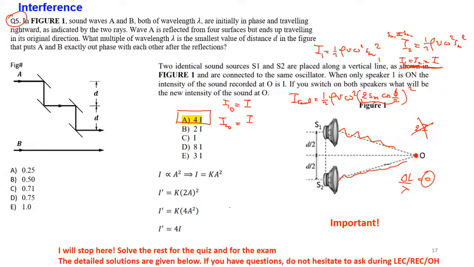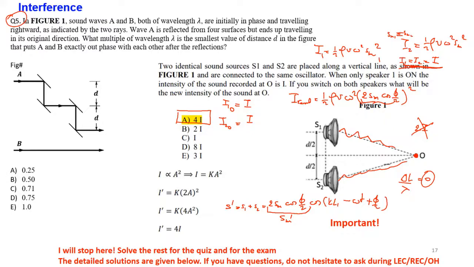Do you remember that the resultant S, which is S1 plus S2, I went through this in class, is 2 times Sm cosine phi divided by 2, times cosine of k L1 minus omega t plus phi divided by 2. This is the Sm prime that I am using here.